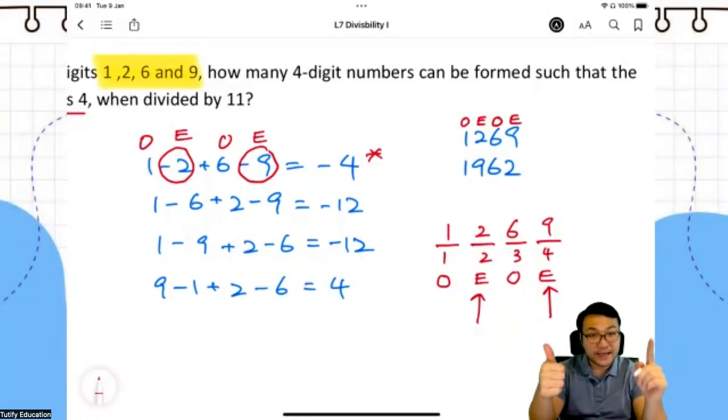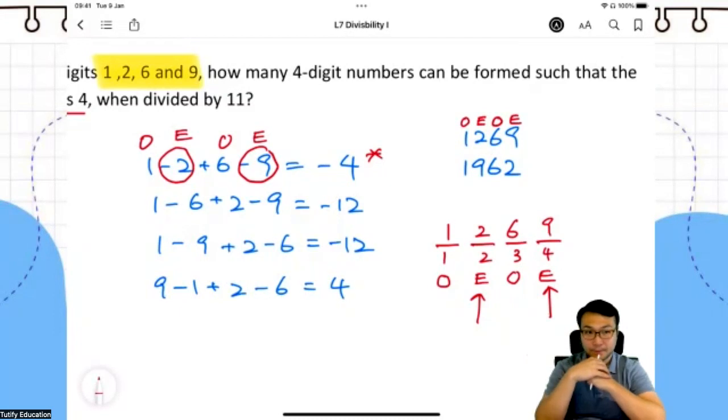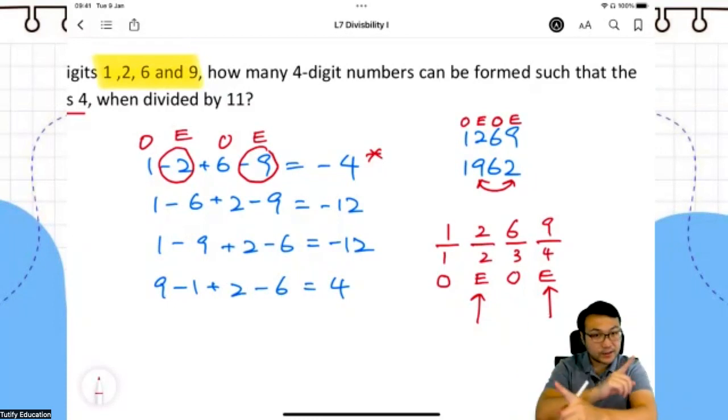The number 2 and the number 9 must always be either in the second position or the fourth position. You agree? So that's why I'm swapping the 9 and the 2. They can swap with each other.